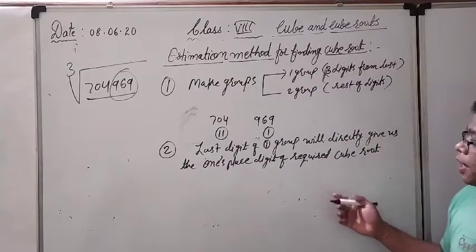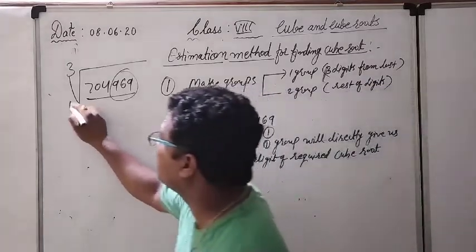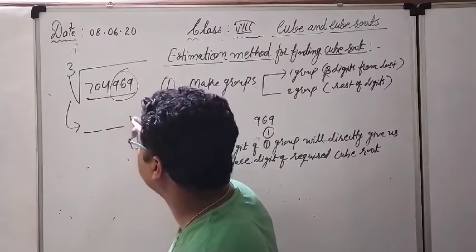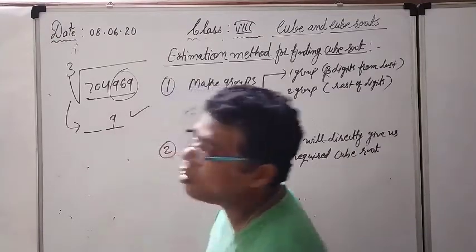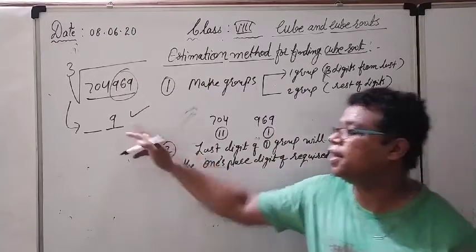So what is the last digit of that required cube root? It will be directly 9.